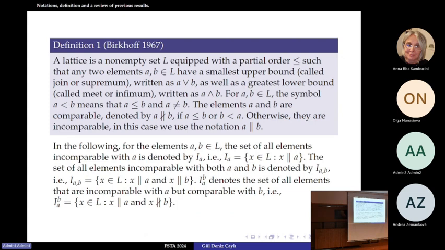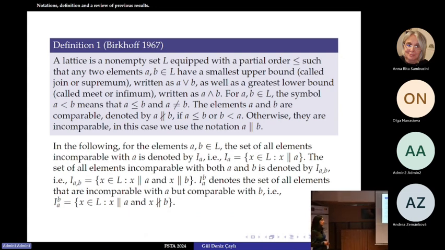If any two elements have a supremum and infimum, for the elements A and B, this symbol implies that A is smaller than B. If A is smaller than or equal to B, or B is smaller than A, these elements are called comparable, and we use this notation. Otherwise, they are called incomparable, denoted by this symbol.